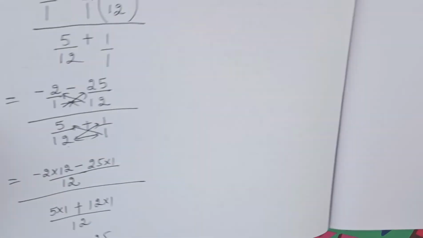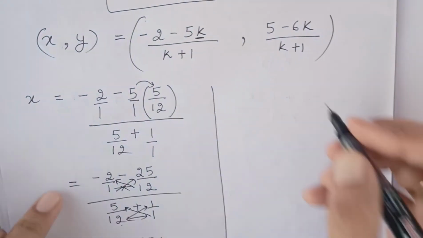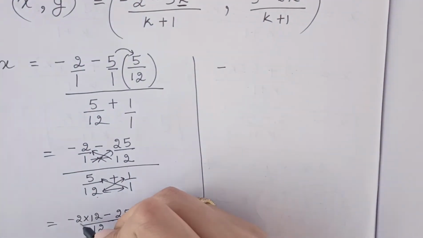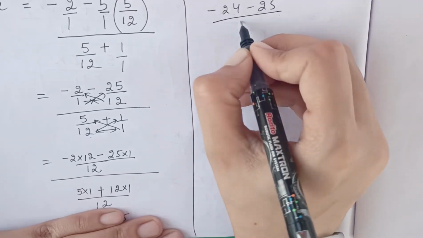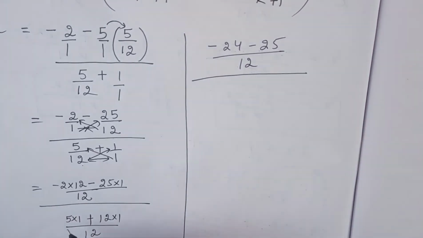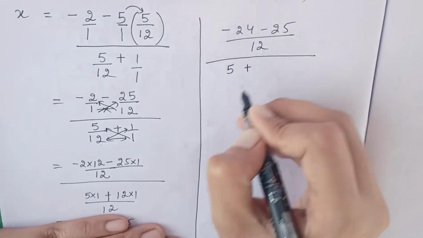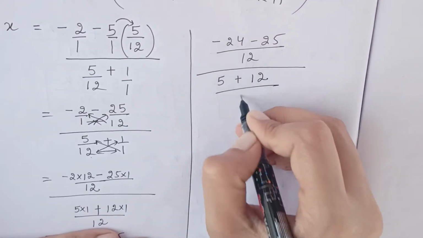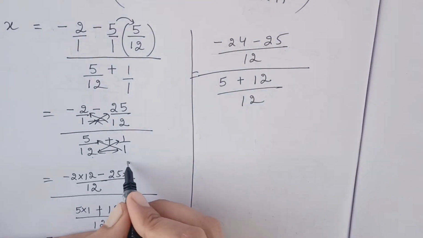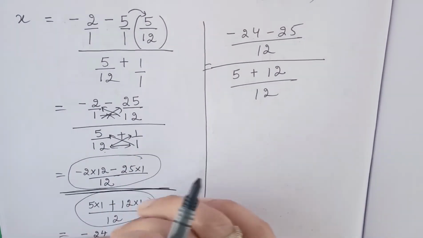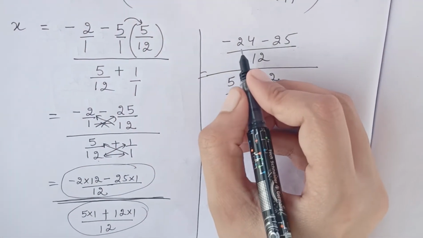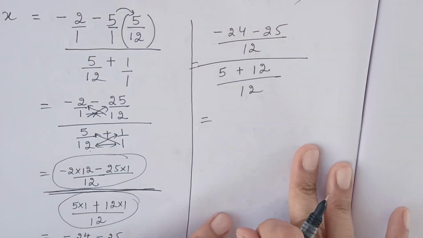After this I am solving: minus 24 minus 25 upon 12, divided by 5 into 1, 5 plus 12 into 1, 12 upon 12. So two fractions, one on top and one below, although they are getting divided, so I solve them separately.